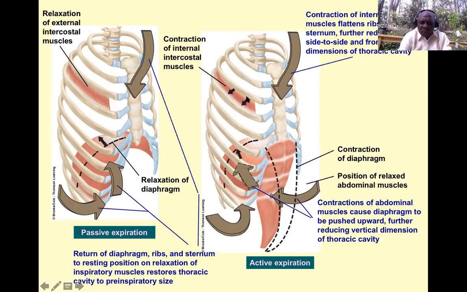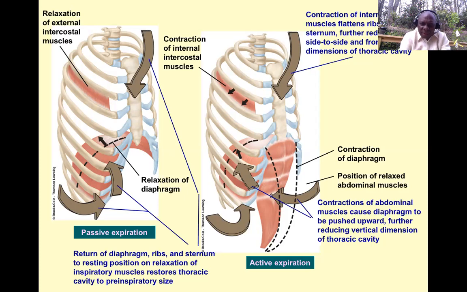What are they doing? The internal intercostal will just do the opposite of what the external was doing. Remember, the external was expanding. The internal will reduce the thoracic cavity in a forward, backward, as well as sideways direction.